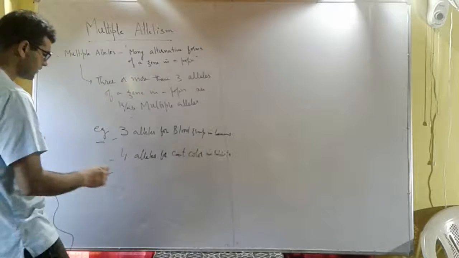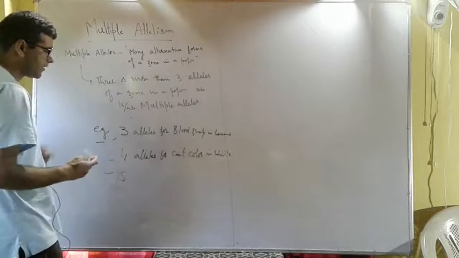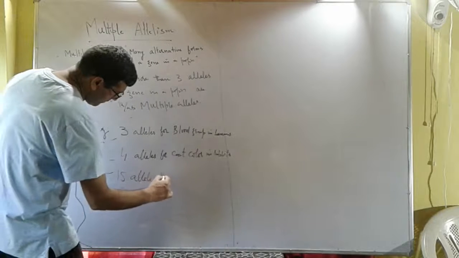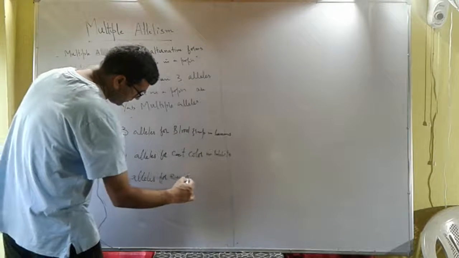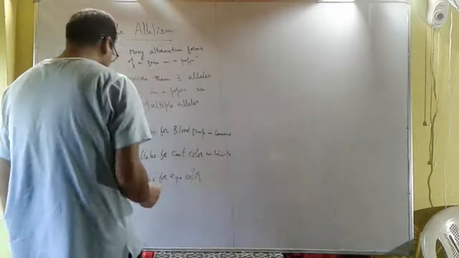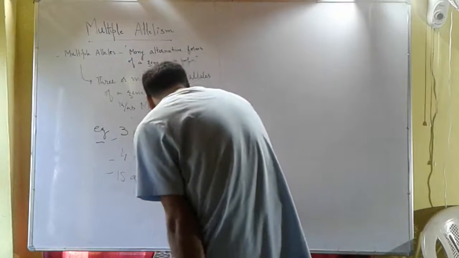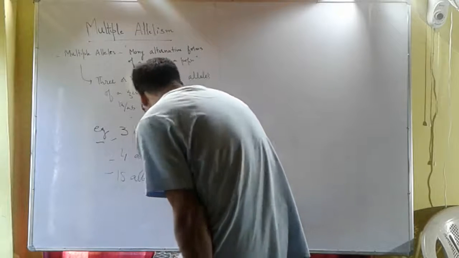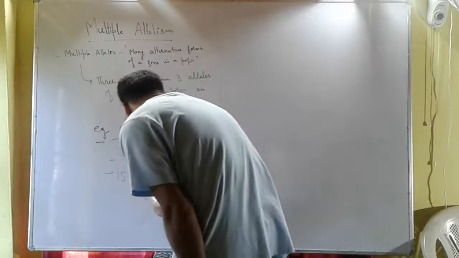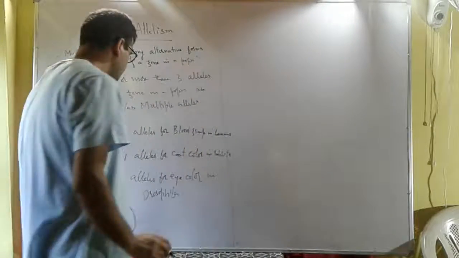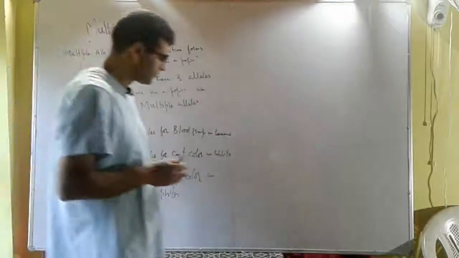Or same is the case with eye color in Drosophila, where there are 15 alleles.